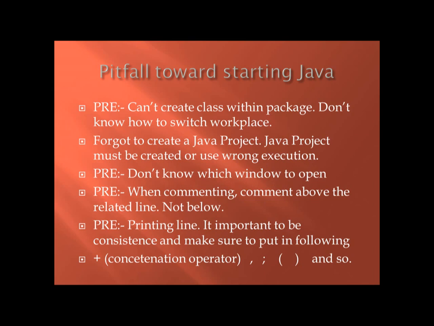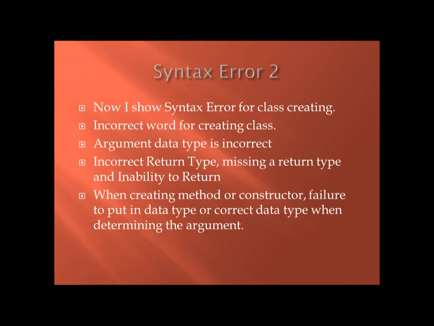For println, when you write the code like print line, it's important to be consistent and make sure to put in the following: the concatenation operator plus, the colon, the quote marks, the brackets, and so on. Make sure you get it right. Be consistent and make sure you don't make errors. Make sure there's a plus. Keep it consistent.